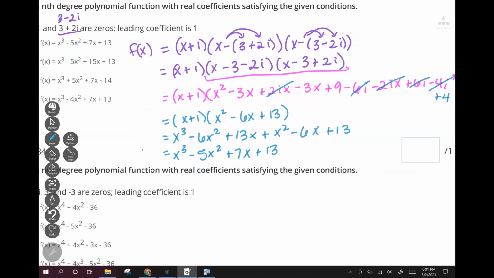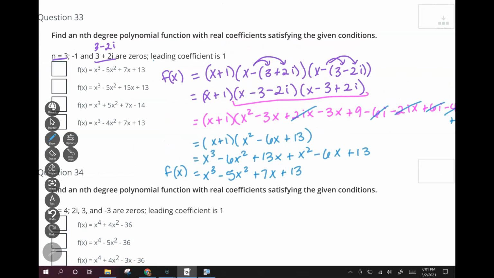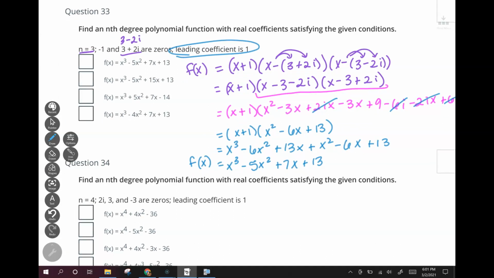Okay, we don't have to look for a coefficient a here because it tells you in the problem that the leading coefficient is 1. So that's just telling you don't worry about solving for a. The a is automatically 1. All right, so looking at our answer choices, it looks like we've got a as our answer.